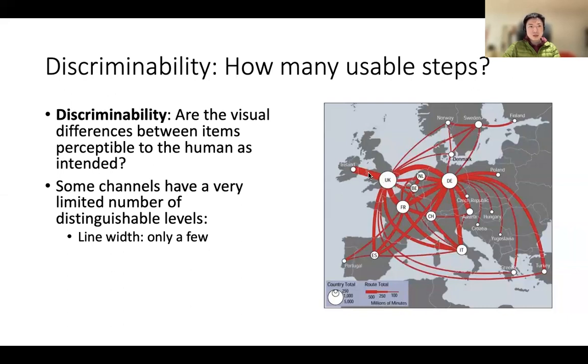The thicker the line, the more trade between the two countries. You can see this is UK and this is Ireland, and there's a fairly thick line connecting them. And this is UK and Germany, with a fairly thick line as well. But UK and Norway are connected, but the line is quite thin, which means there's much less trade between these two countries.